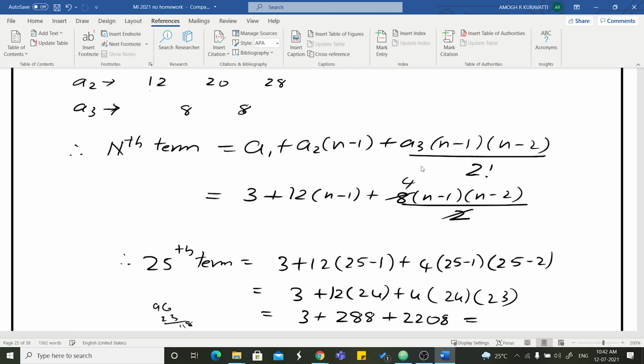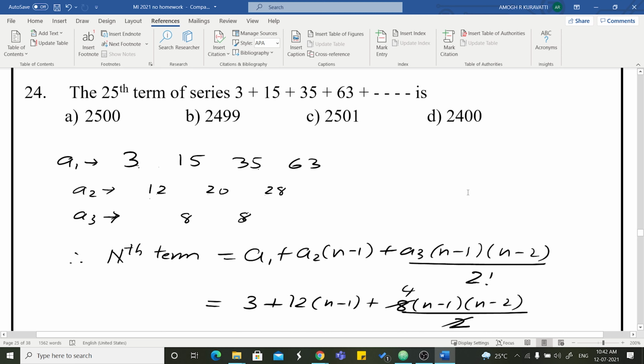Add these: 8 plus 8 is 16, plus 3 is 19. Carry 1, 1 plus 8 is 9. Then 2 plus 2 is 4. Then 2. So 2499 is the 25th term, which is the option. Yes, Option B, sir. B is the right option.